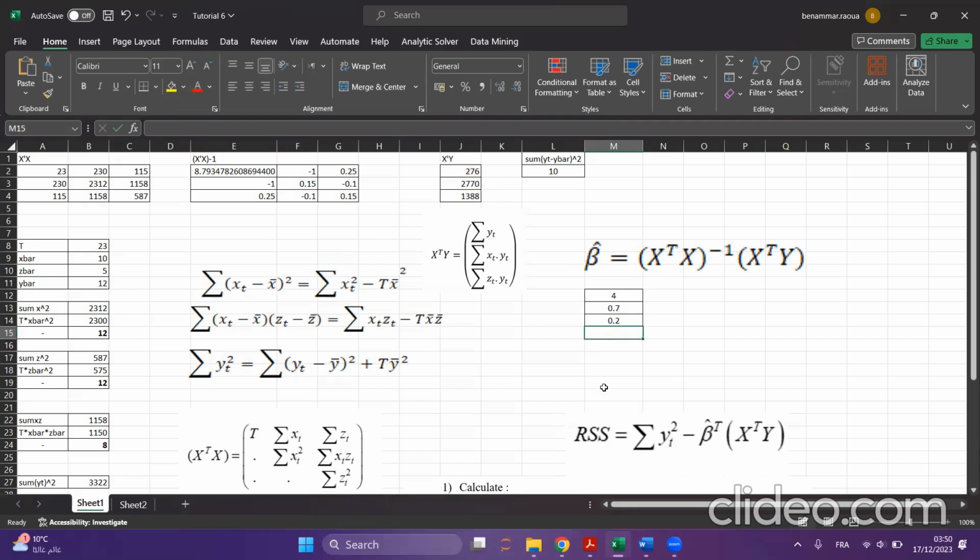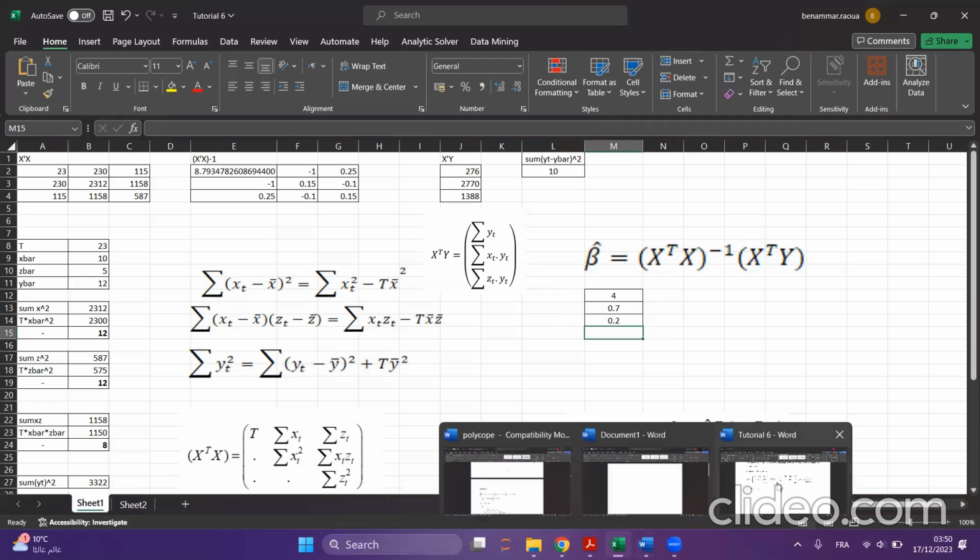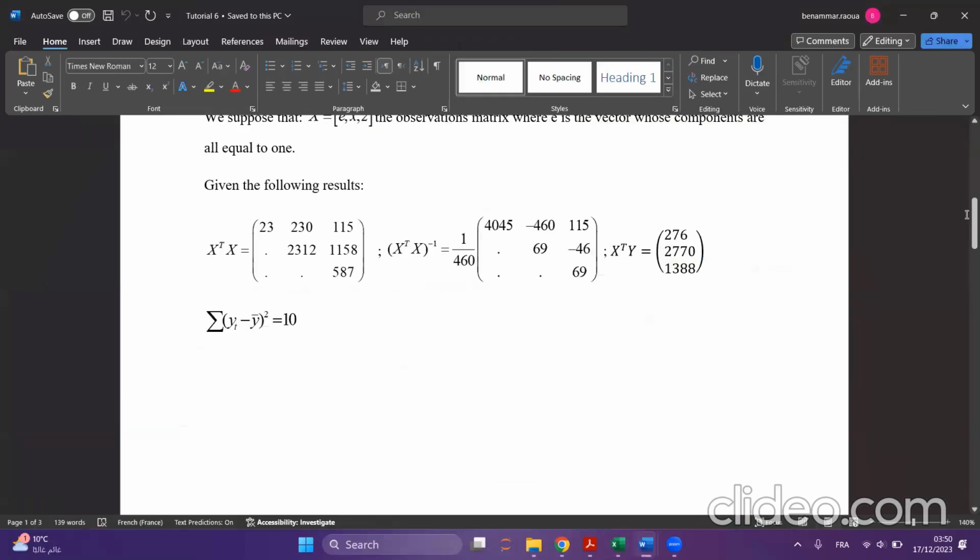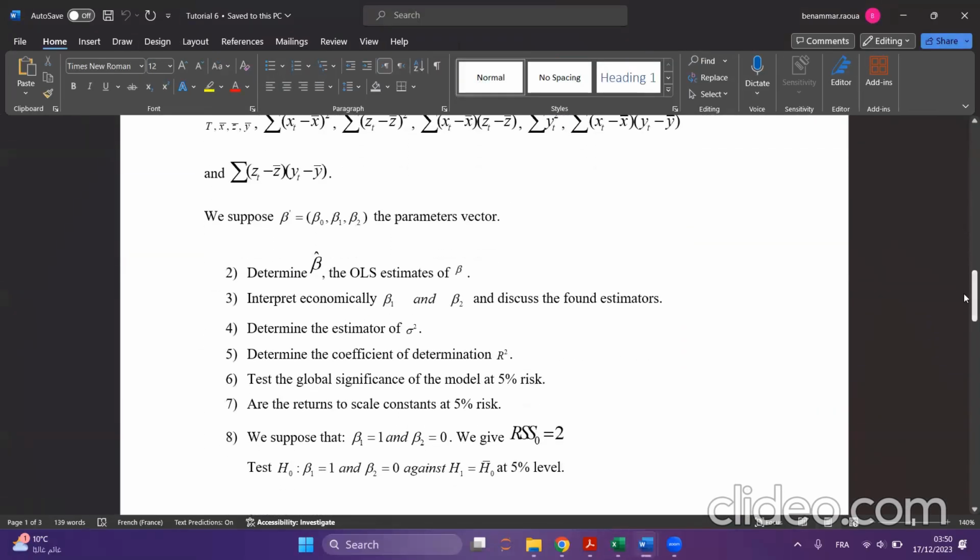So it's 0.2. So beta 0 is equal to 4, beta 1 hat is equal to 0.7, and beta 2 hat is equal to 0.2. We're asked to interpret economically beta 1 and beta 2.